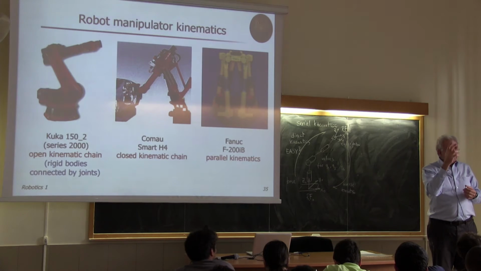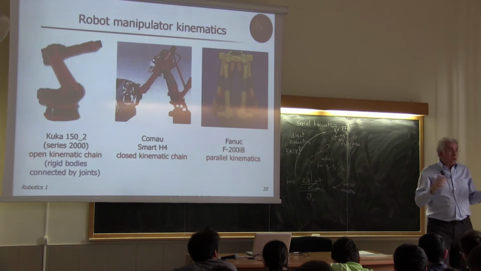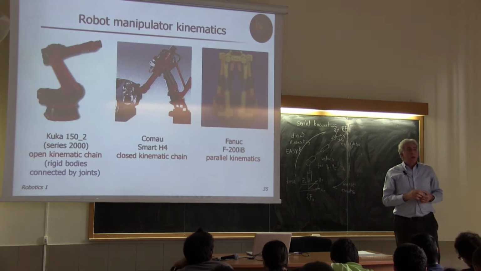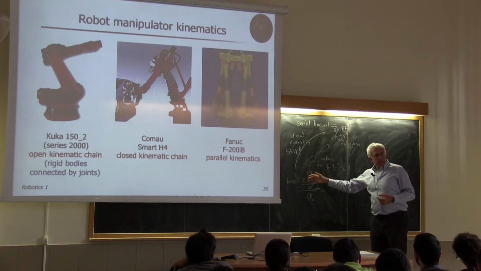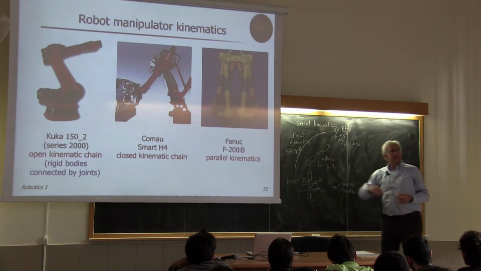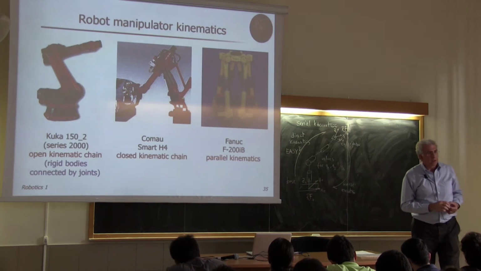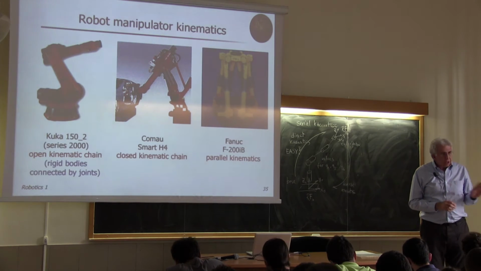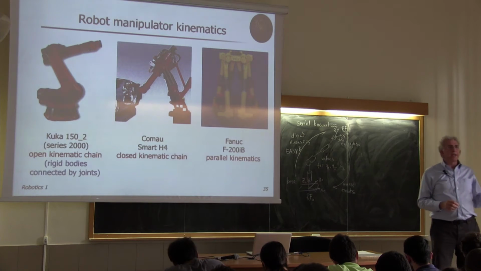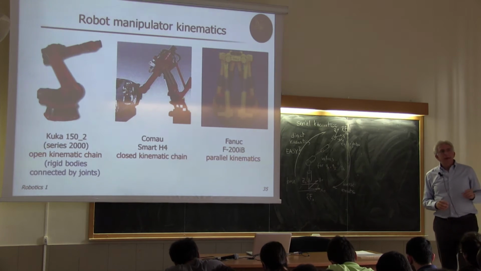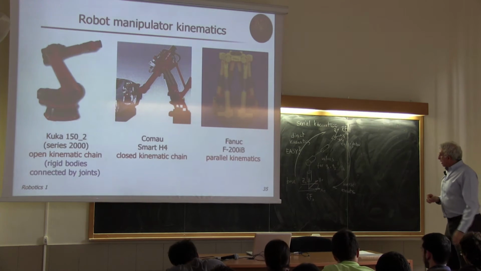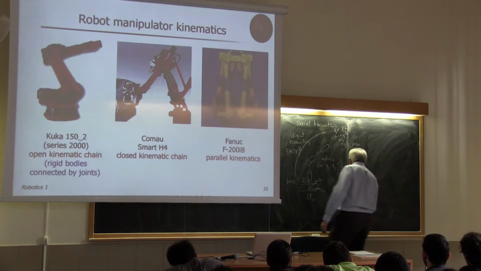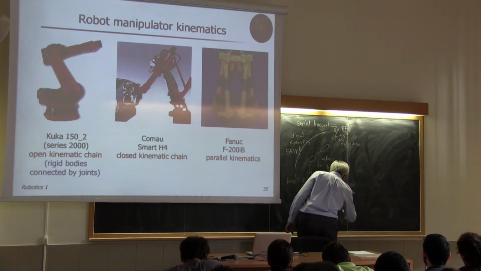So, given this desired pose of the end effector, what should be the values of the angles that realize this pose? Well, this is not at all a trivial problem, as we already mentioned in the introductory lecture with some highlights. And in fact, this is a difficult problem.